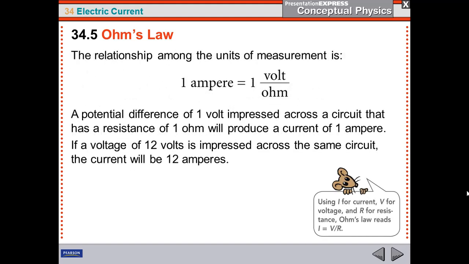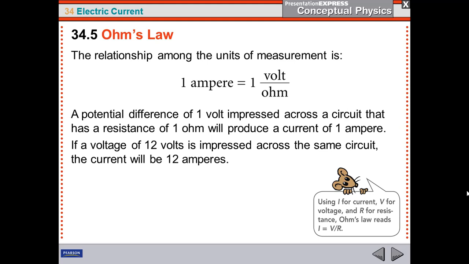The relationship among the units of measurement is 1 ampere equals 1 volt divided by 1 ohm, because the unit of the current is ampere, unit of the voltage is volt, and unit of the resistance is ohm.